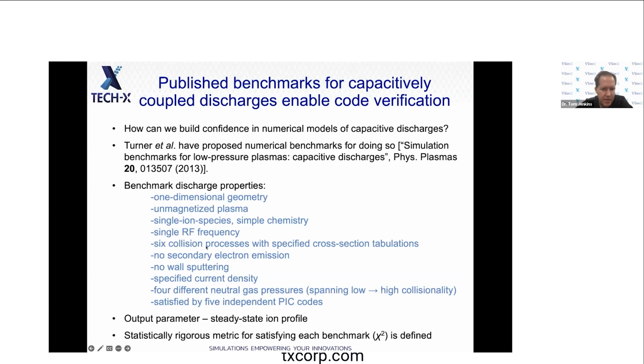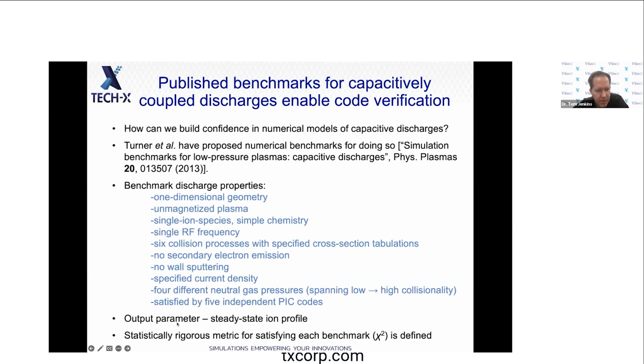There's a specified number of collision processes with given cross sections. There's no wall interactions and so on and so forth. But essentially, the goal is to give us a range of gas pressures and gas discharges that we can simulate, can see if our code can do it.